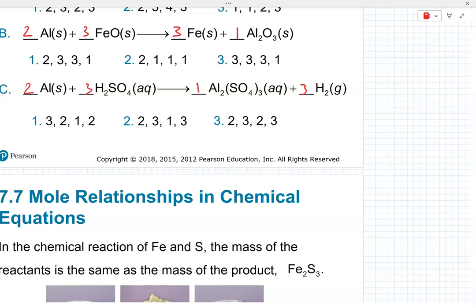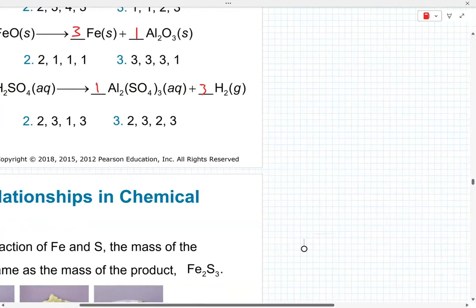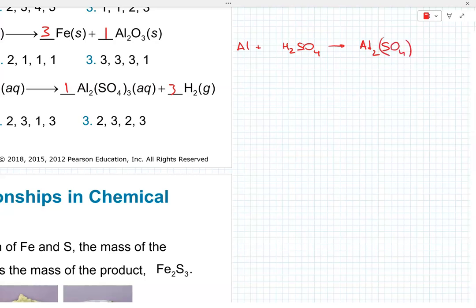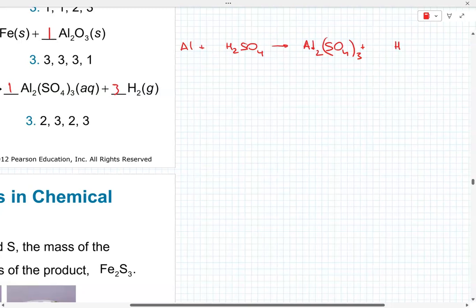Question? No? So here's the deal, folks. Let's say it is a correct answer, but let's say you want to take the long route. Okay? So aluminum plus sulfuric acid gives you aluminum sulfate and hydrogen.